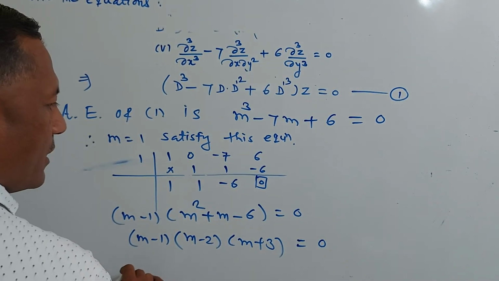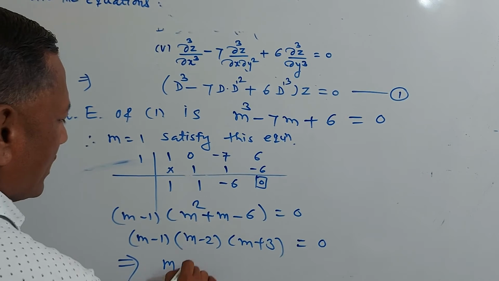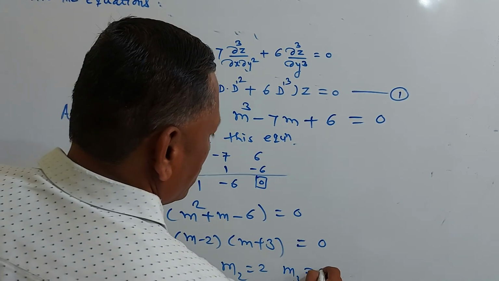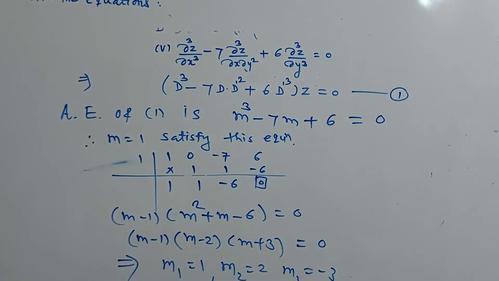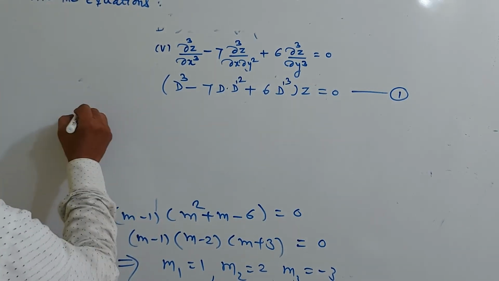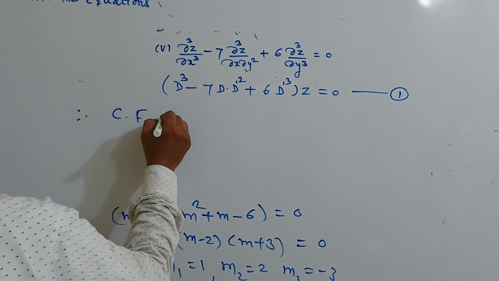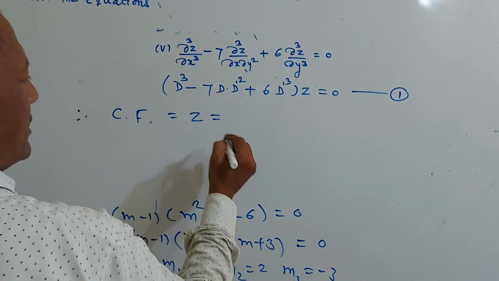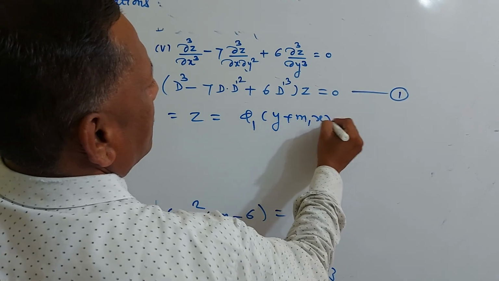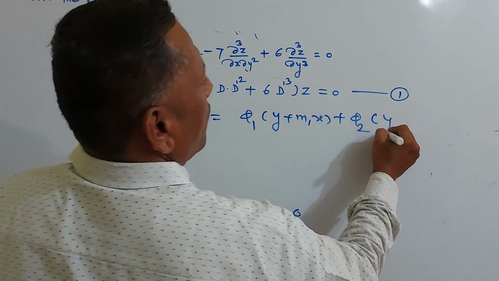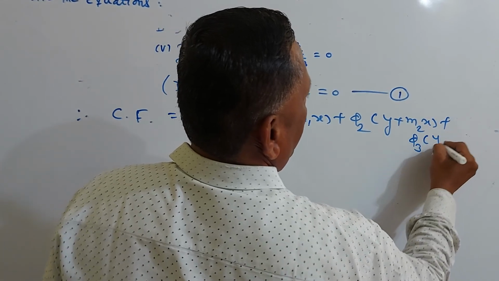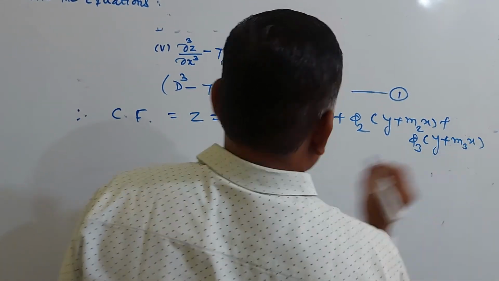Therefore, from this, you have m1 is equal to 1, m2 is equal to 2, and m3 is equal to minus 3. Therefore, the complementary function of the given equation is z is equal to phi1 of (y plus m1x) plus phi2 of (y plus m2x) plus phi3 of (y plus m3x).